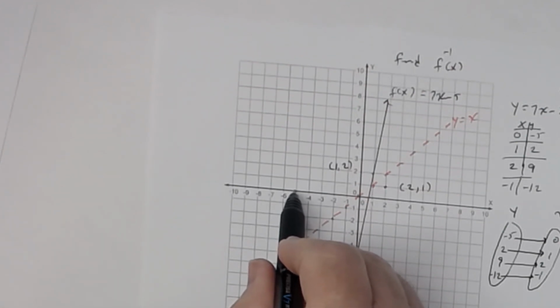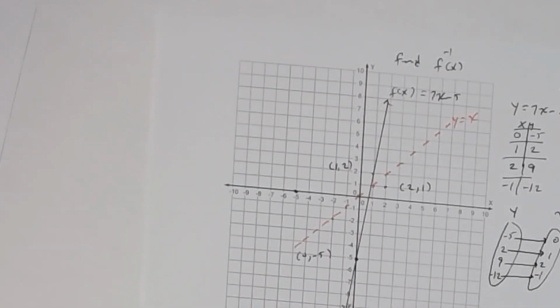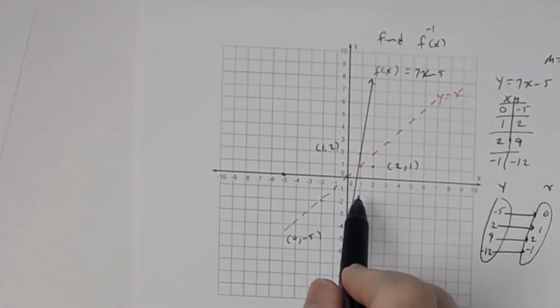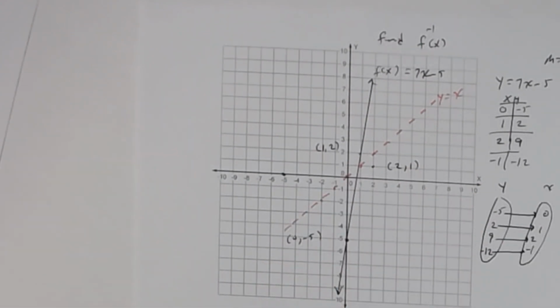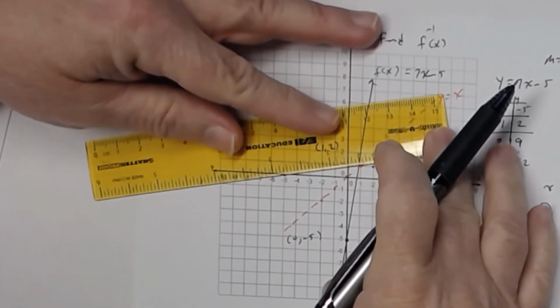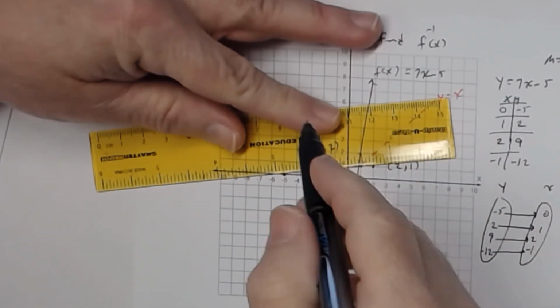When I draw the line here, I want you to notice something. I'm going to use the black pen again. I'm going to draw this line, and let me make sure that the ruler goes over those 2 points, just like this.